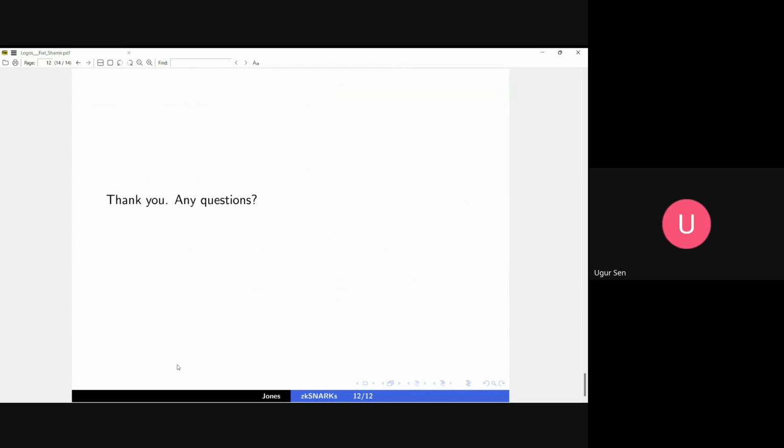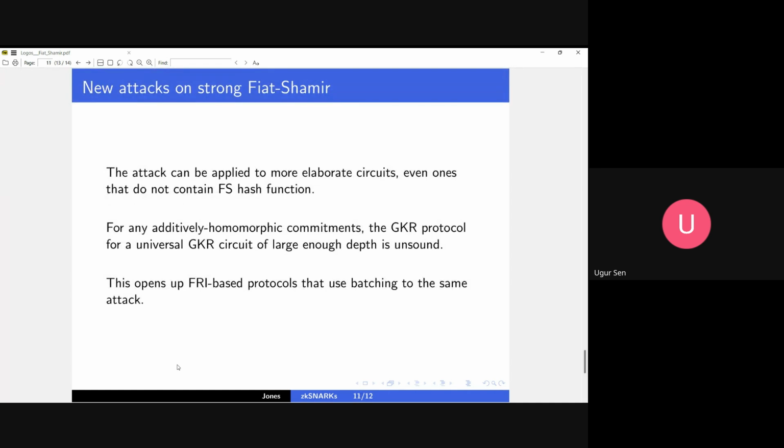Okay. Meanwhile, as far as I understand, only the Fiat-Shamir of the GKR is affected by this attack, right? Not the general Fiat-Shamir. Well, that's not it. So what this raises is concerns that the general usage of strong Fiat-Shamir might have issues.